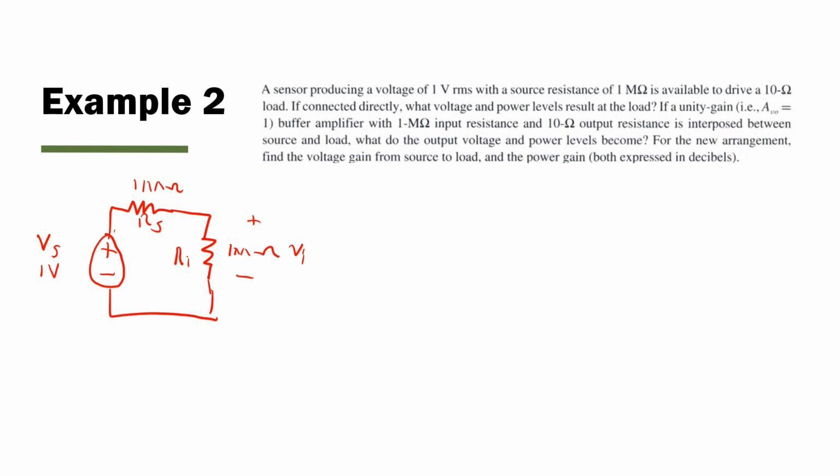Okay, so now I want to ground the left side, isolate it. And now we're going to draw our amplifier, which is equal to AVO times input voltage. It has a 10 ohm output resistance.